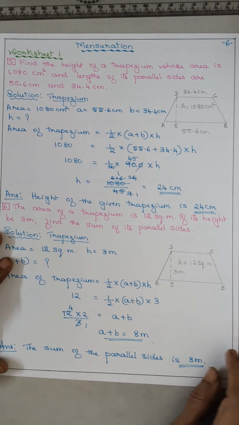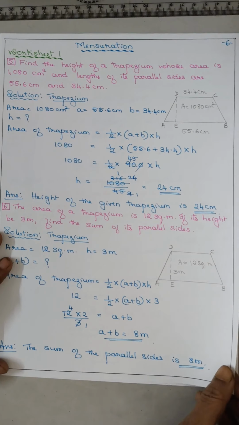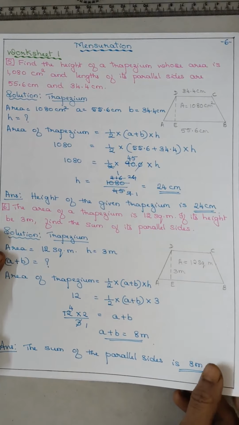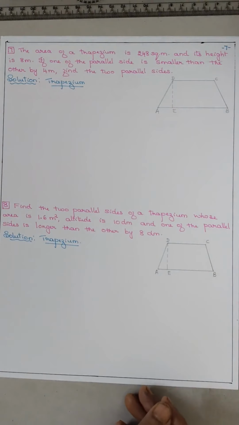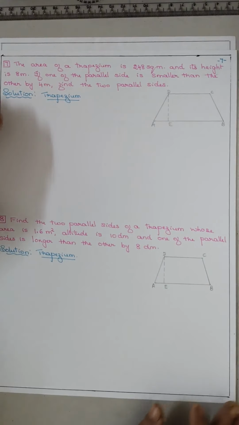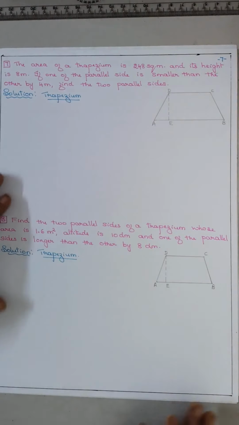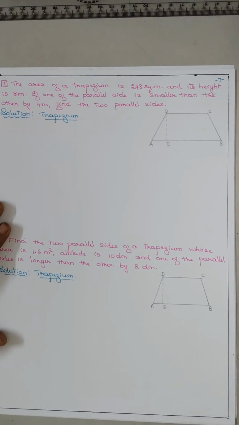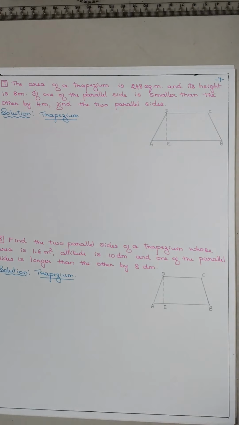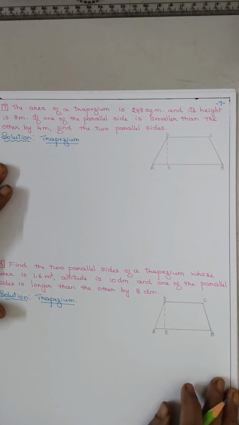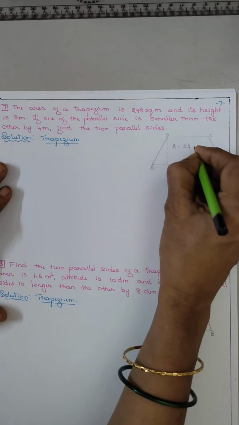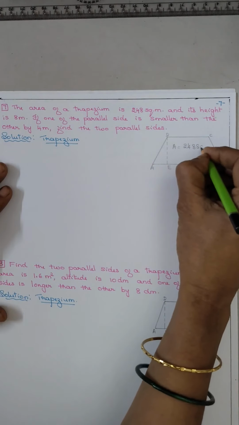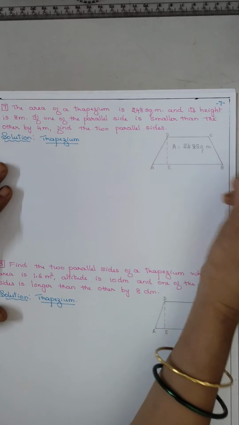Okay, that is the 5th and 6th questions. Now coming to the 7th question. The area of the trapezium is given and its height is given. Area of the trapezium is 248 square meter.